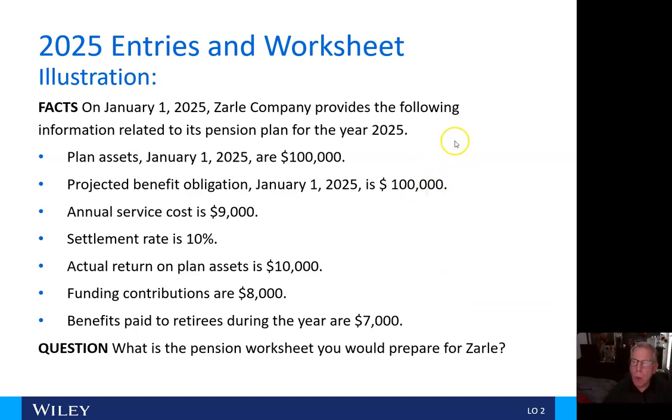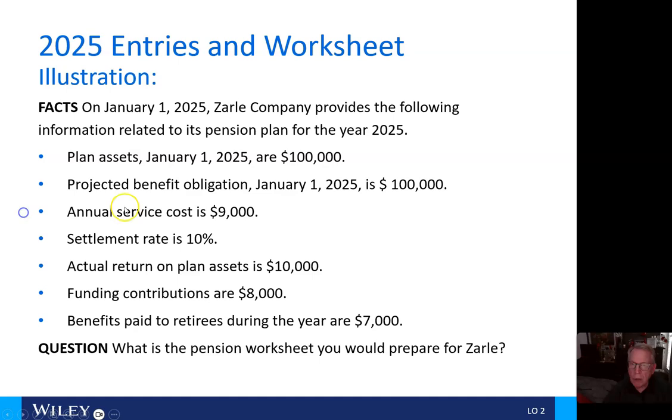So on January 1, 2025, Zarl Company provides the following information related to its pension plan for the year 2025. 1. Plan assets, at the beginning of the year, $100,000. Projected benefit obligation, beginning of the year, $100,000.